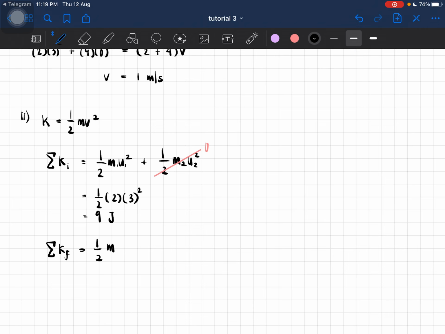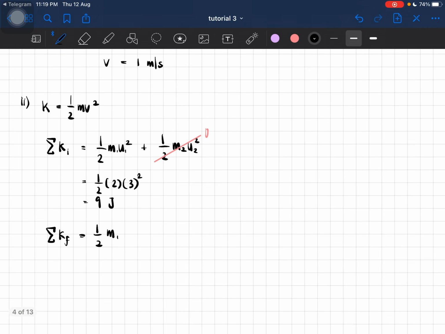So half m1 v1, we are using v. Just now we have the common velocity, so we just use v. So this is half times the total mass, m1 plus m2, times v square.